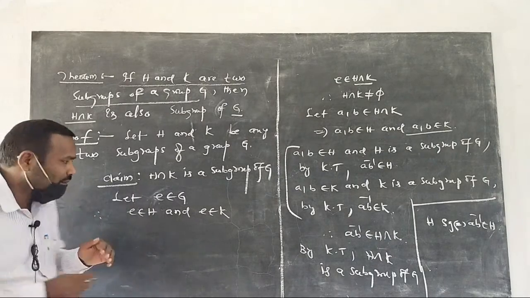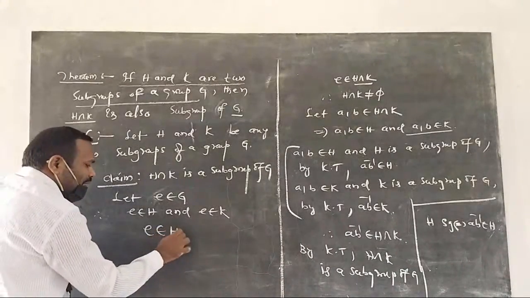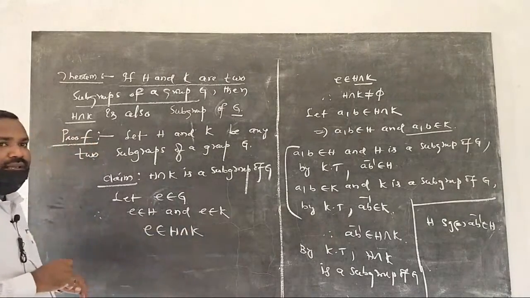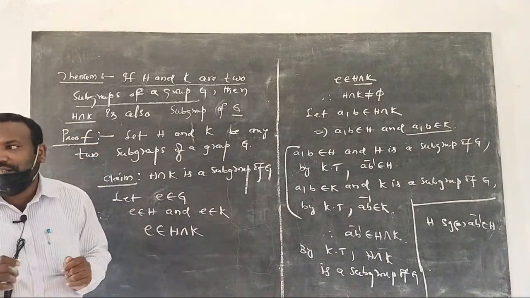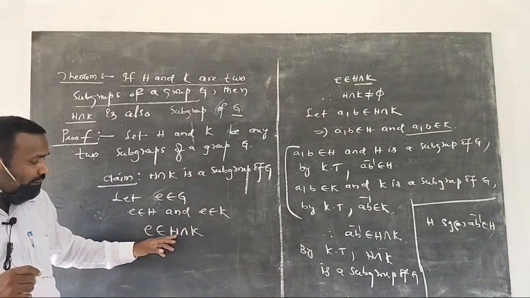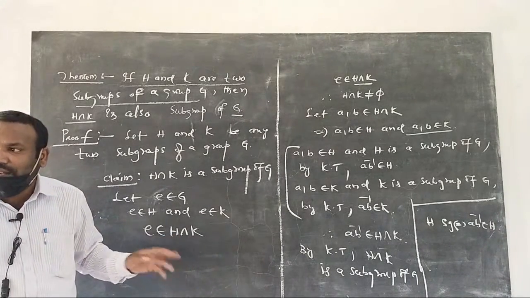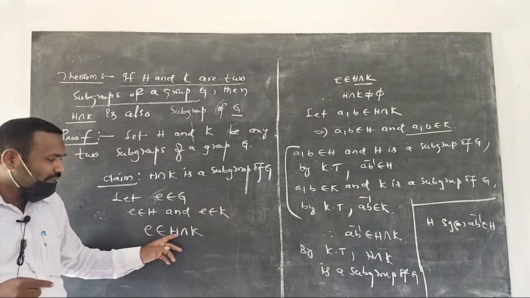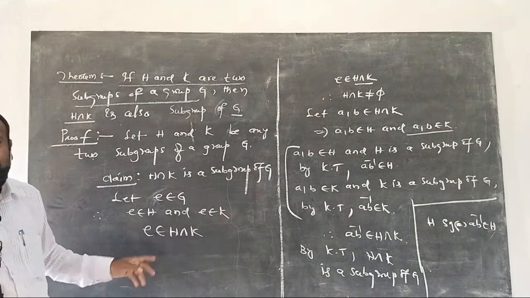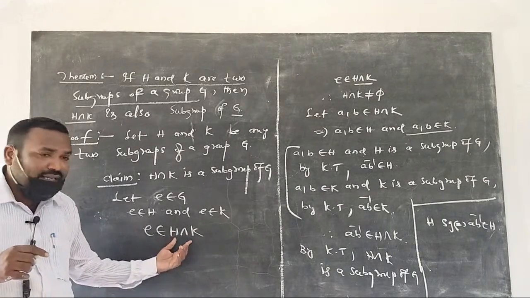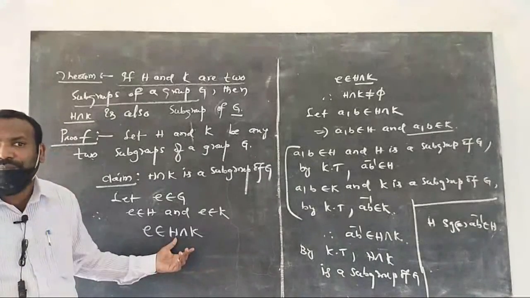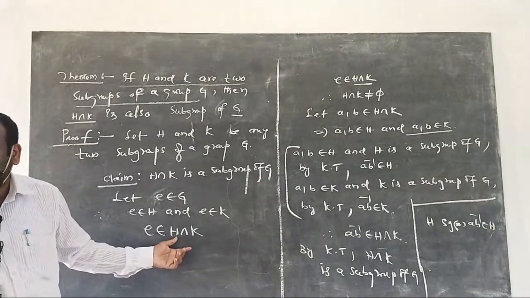Then that means e belongs to H intersection K. e is an element in H intersection K. That means there exists at least one element in their intersection. Is H intersection K empty or non-empty? Non-empty, because there exists at least one element.